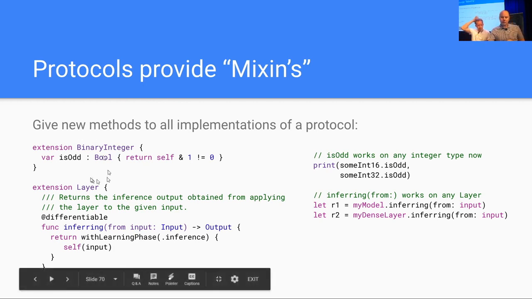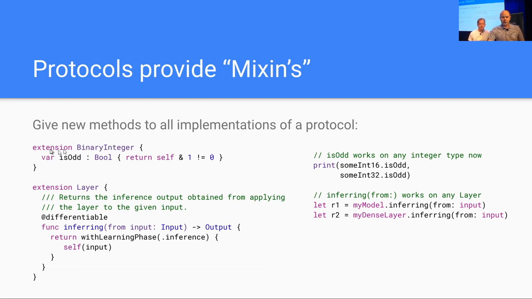Well, because this protocol exists, we can add it as a method to all things that are binary integers. We can put this on all binary integers and give them all an is-odd method. Now I don't have to put is-odd on int and int16 and int32 and the other weird ones. We could just do it in one place, and now everybody gets this method.